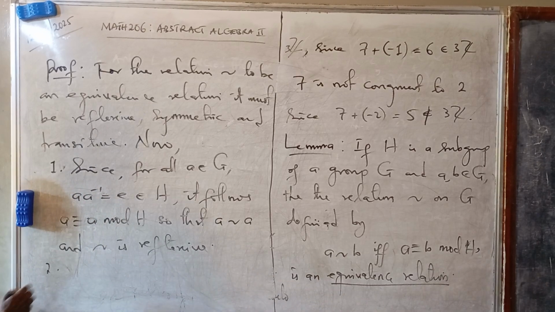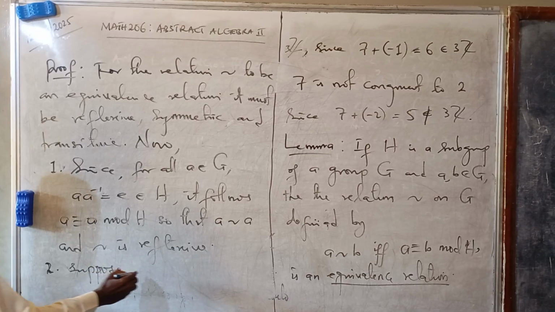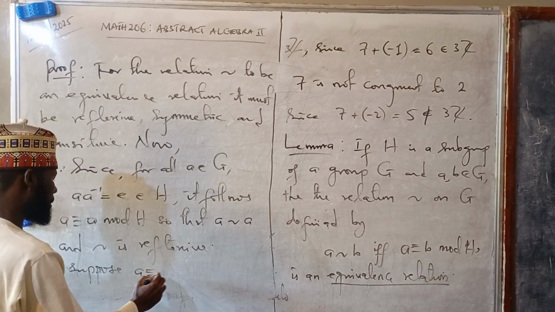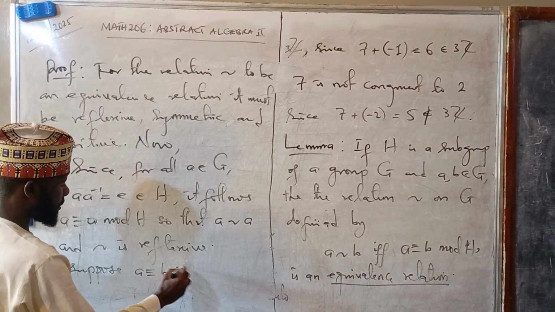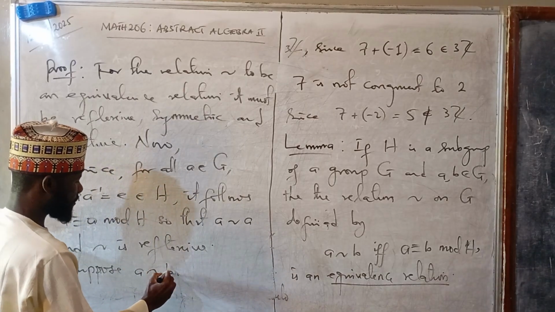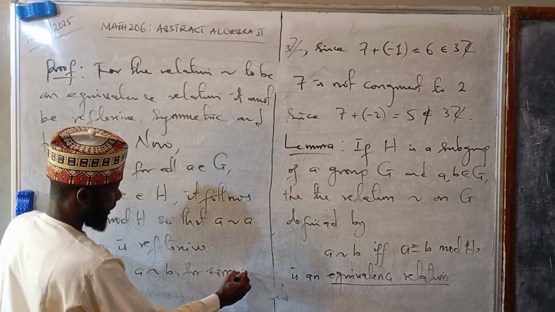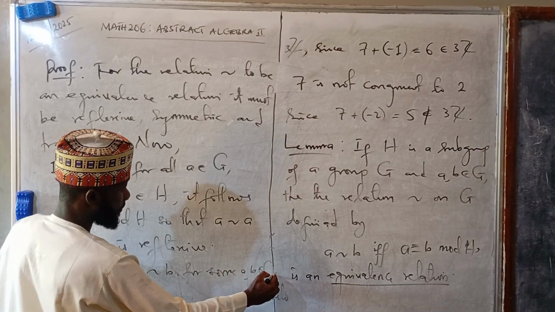To see that the relation is symmetric, we assume, so suppose, A is related to B for some A, B in the group.